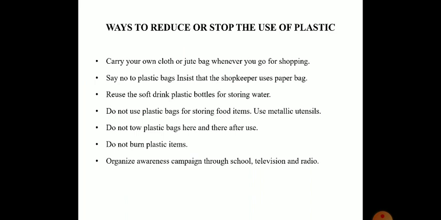Reuse soft drink bottles for storing water. Yes, in many of our houses, we practice this. Do not use plastic bags for storing food items. Use metallic utensils. Yes, because we can wash metallic utensils again and again, and hence the waste formation would also reduce.